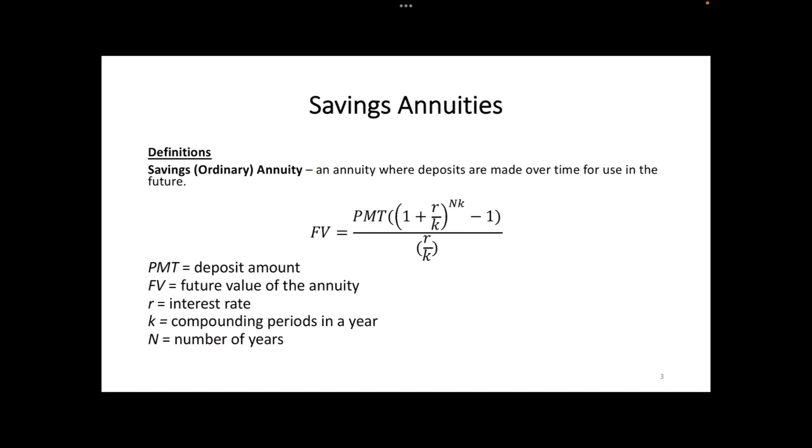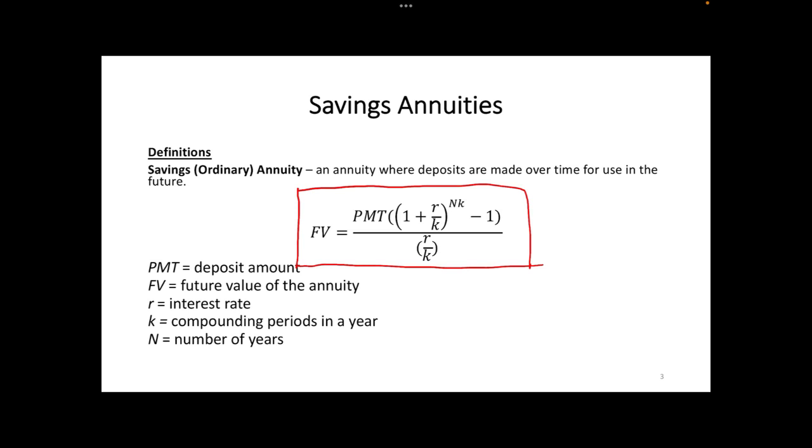So we look at the saving annuity first. Saving annuity is an annuity where deposits are made over time for use in the future. All right, this is the formula for saving annuity, and now what those parameter values mean. FV means future value of the annuity.